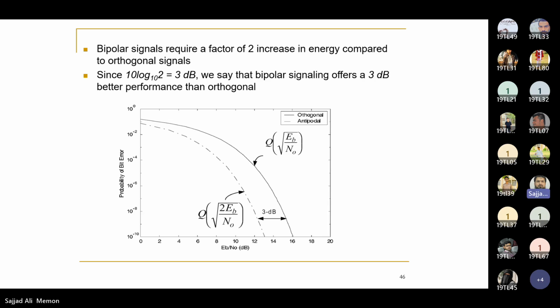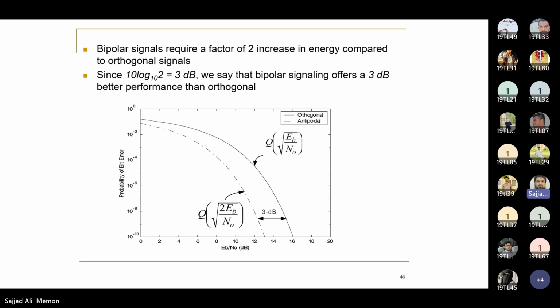So bipolar signals require a factor of 2 increase in energy compared to orthogonal signals, since 10 log of 2 is equal to 3 dB. So we say that the bipolar signals offer a 3 dB better performance than orthogonal signals.